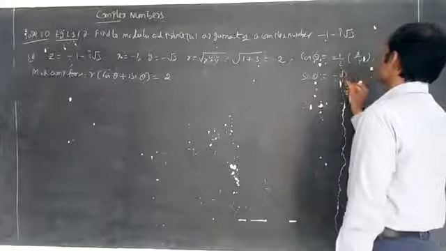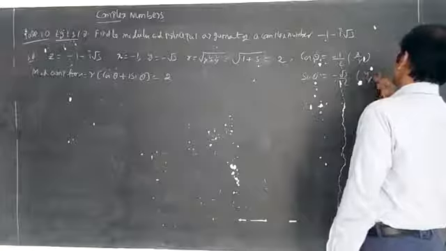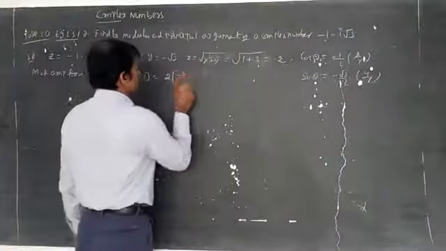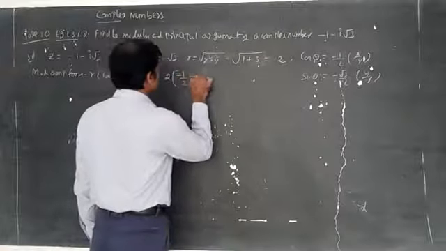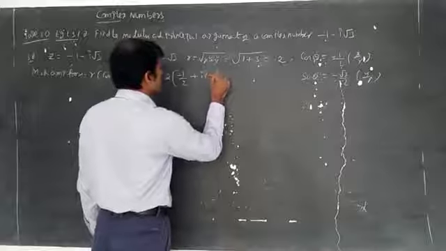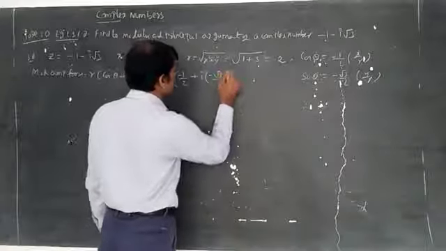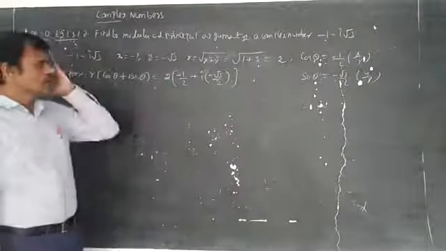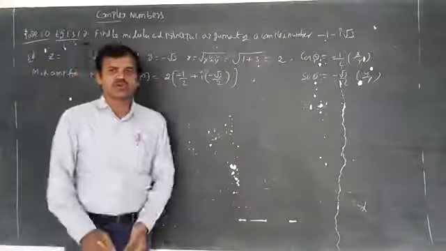So minus 1 by 2 within the brackets, and y by r is minus root 3 by 2. Now you can write 2 into minus 1 by 2 plus I into minus root 3 by 2.